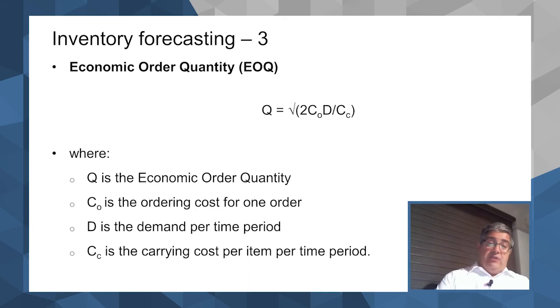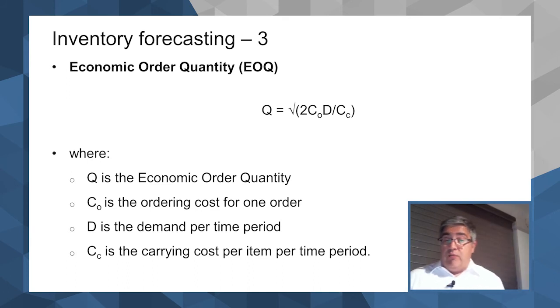And that is calculated by using this formula. The formula is very simple. The quantity that I should order each time will be calculated as the square root of 2 times the ordering cost times the total demand divided by the carrying or holding cost.